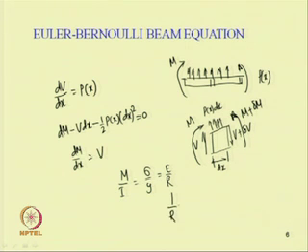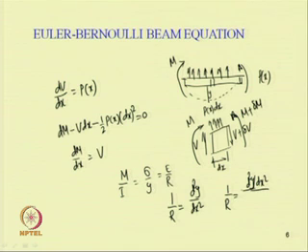Let y be the deflection of the beam at any distance x due to this bending. Then 1/R can be written as d squared y by dx squared.